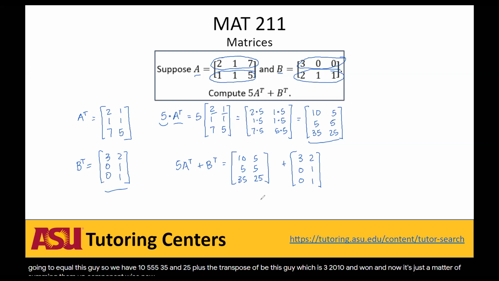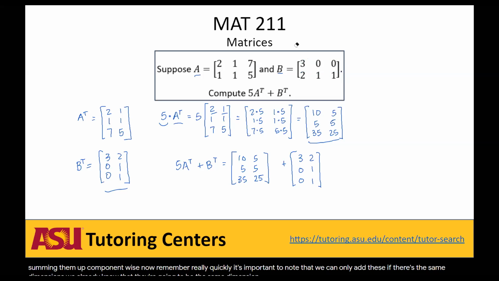Now remember really quickly, it's important to note that we can only add these if they have the same dimensions. We already know that they're going to be the same dimensions because our original A and B matrices were the same dimensions, 2 rows times 3 columns for each.